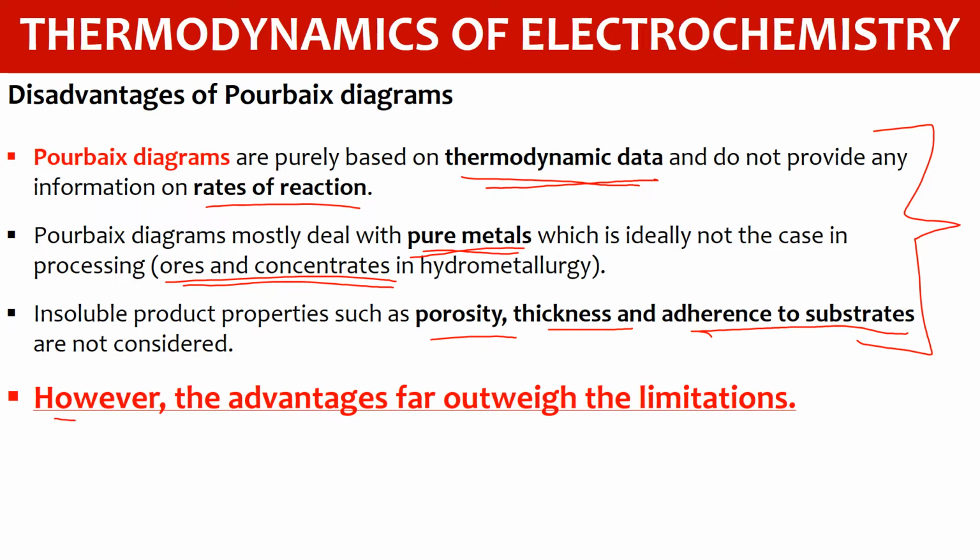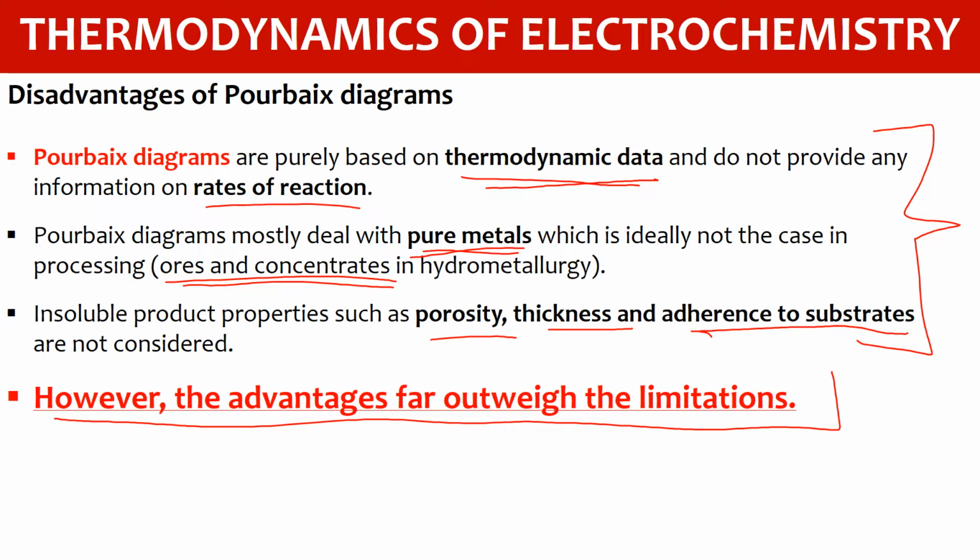However, need I say that the advantages of these systems far outweigh the limitations that are seen. Why? Because you can plan, you can have an idea of where to start. Remember, we said one of the applications is in the design of leaching principles. You know exactly which area is stable for your leaching to occur.